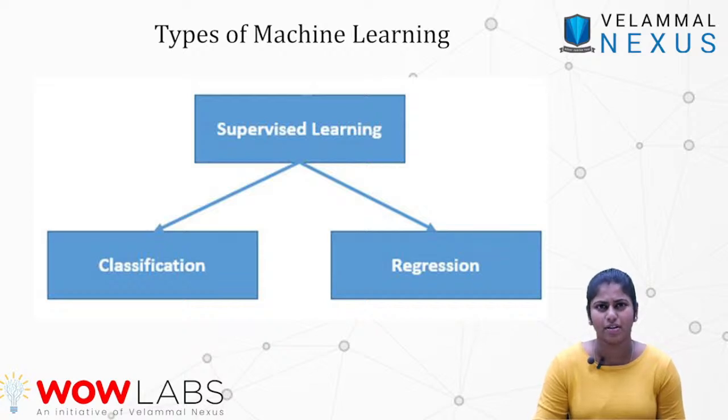So what is continuous and non-continuous? Continuous is something like 0.58, but non-continuous is a discrete form. So regression is continuous and classification is non-continuous, that is, discrete. It might be 0, 1, 2, or another discrete value. And the graph is non-linear in a classification problem.